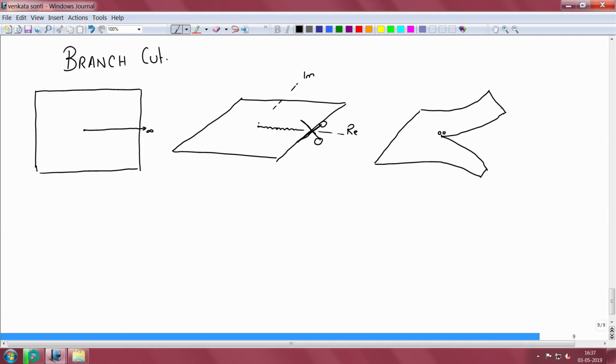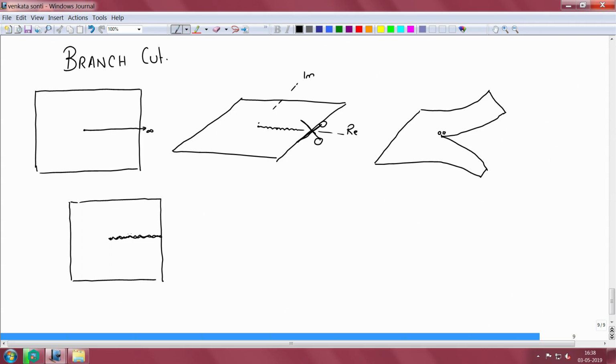Now I put them back together. The cut remains, I put them back together. So there is a cut now. It has been cut and joined, but there is still a cut.